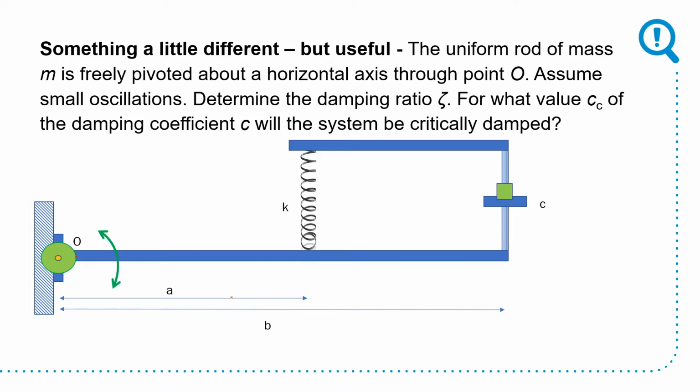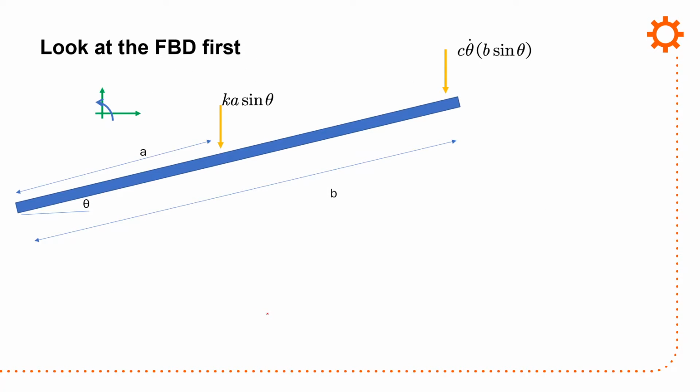A and B are given here, and we have all these terms. There's the spring force acting downward and the damping force acting downward. You'll notice over here I've gone back to my standard definition. Counterclockwise is positive, x and y are positive in the right and upward direction respectively.